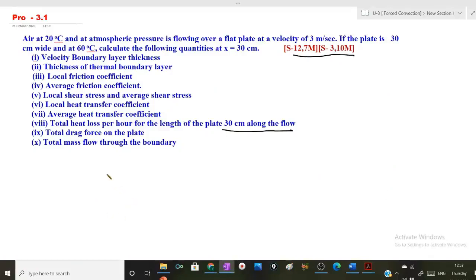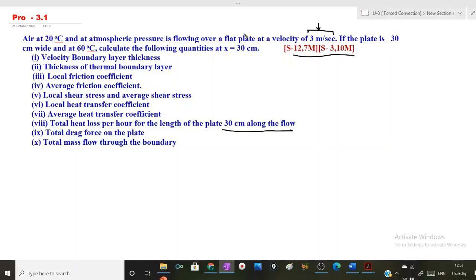So first, see how to identify whether this problem is from forced convection and it is external flow. In order to identify whether this problem is from forced convection, if velocity term is given, that is fluid is moving with some velocity, that means it is a forced convection.